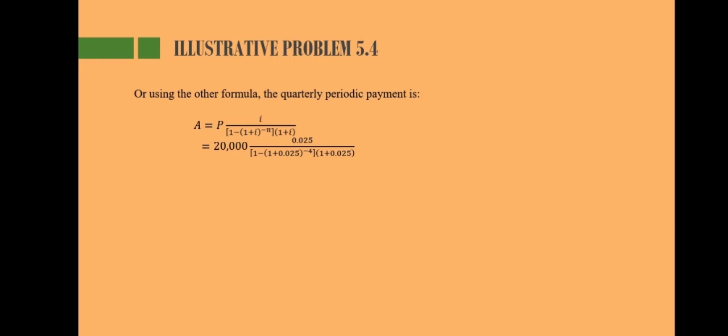Yung I natin 0.025 since 2.5% yung given, and our compounding period na N is 4. So, kung isi-simplify natin itong equation na to, magka-come up tayo sa final answer na 5,186.69, which is kapareho sa nakuha nating final answer sa isang formula na ginamit.